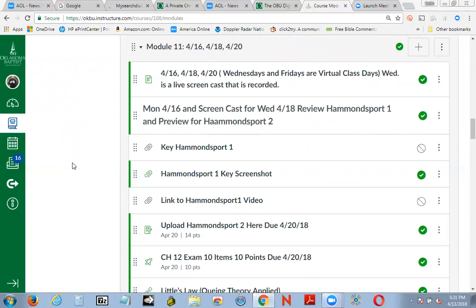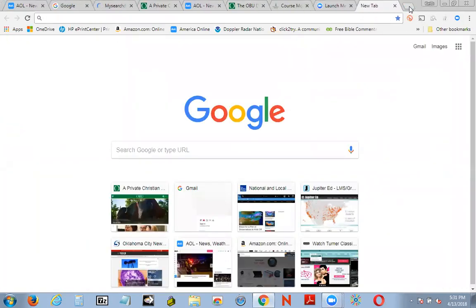Well, there's some things that I want to cover, and first of all, I want to look at the Hammond's port, and we'll look at the screenshot. Now, I also have a link to Hammond's port 1, okay? And again, let me get the textbook up here, which is my virtual textbook.